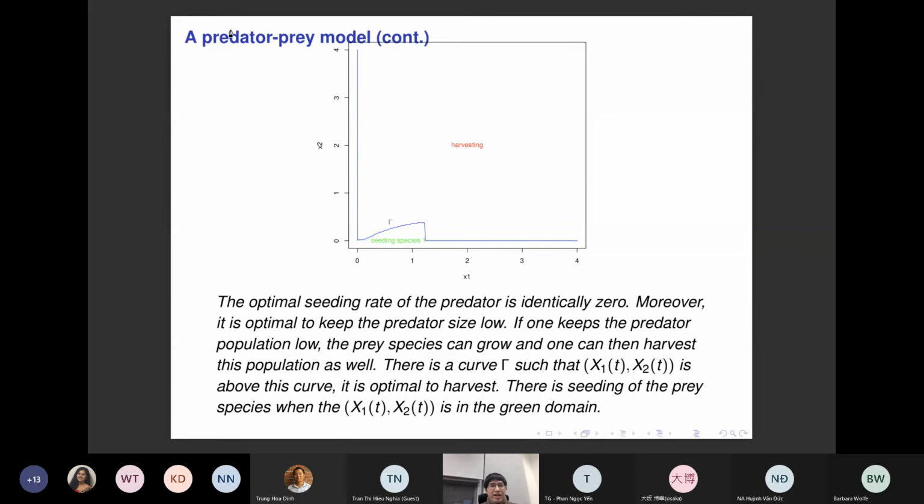Because this is predator-prey, the two species have different roles. If we compare with the previous competitive system, the two species have the same role, but now we have different roles in the system.